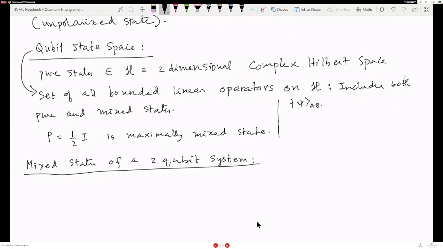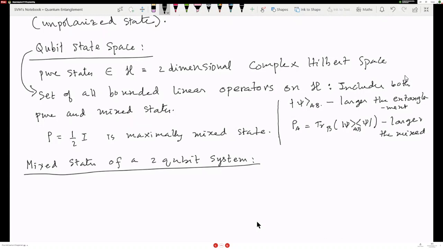The larger the entanglement, then your rho A, which is equal to trace over B of |psi AB><psi AB|, the larger the mixing here. So if you have highest entanglement, that is if your state is maximally entangled, then this will be maximally mixed.